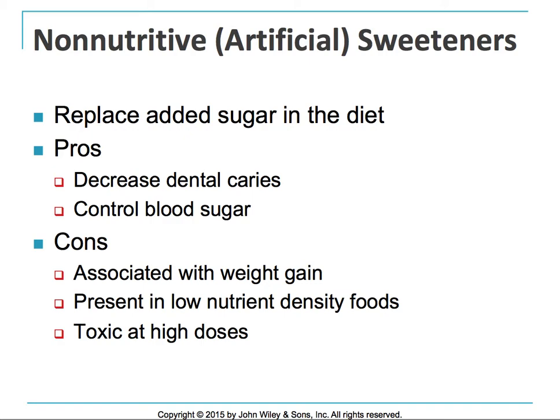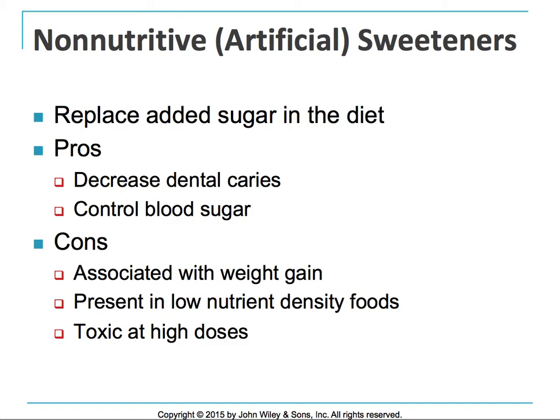My recommendation in terms of sugar is just to eat less sugar, rather than looking for ways to artificially substitute in chemicals to take the place of sugar so that you can still eat the same foods. Moderation is much, much, much better than adding in any sort of artificial sweetener. Also, they are associated with weight gain.